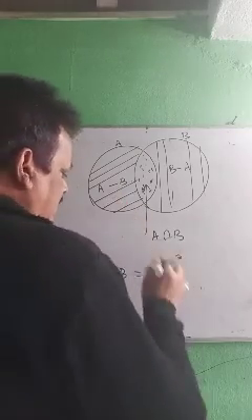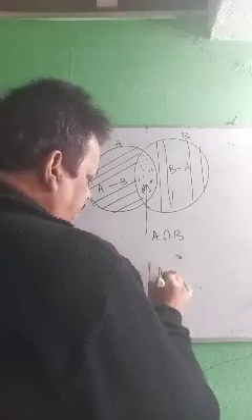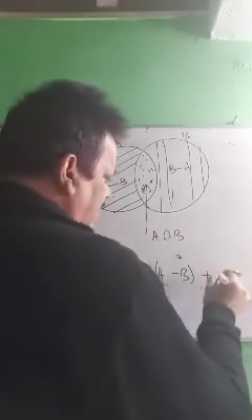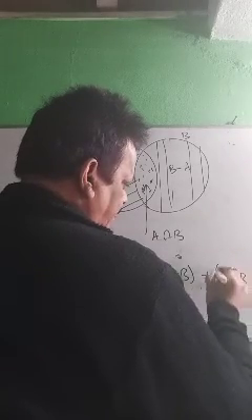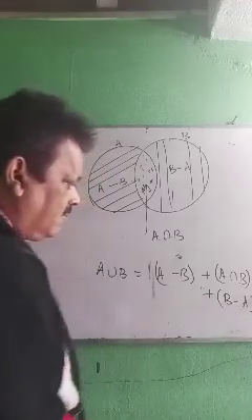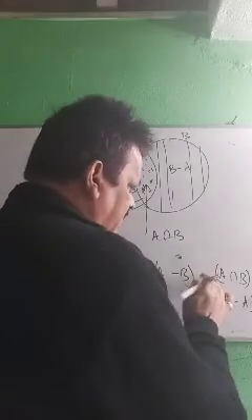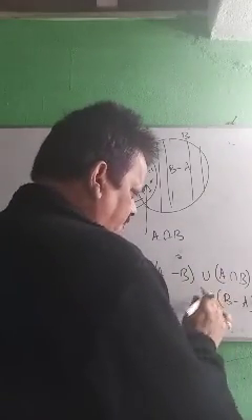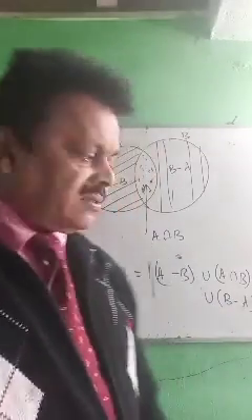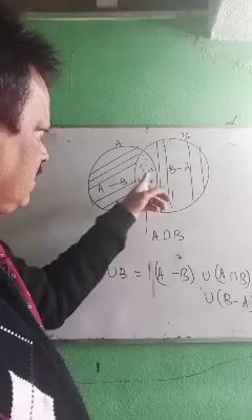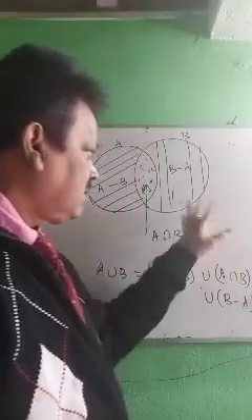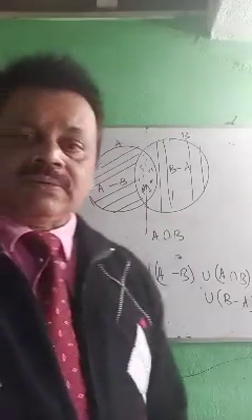That is A difference B, then A intersection B, then B difference A. These three, sorry, not plus, it is union. Plus will come when we take the cardinal number. We will discuss this after, when we take the word problem.